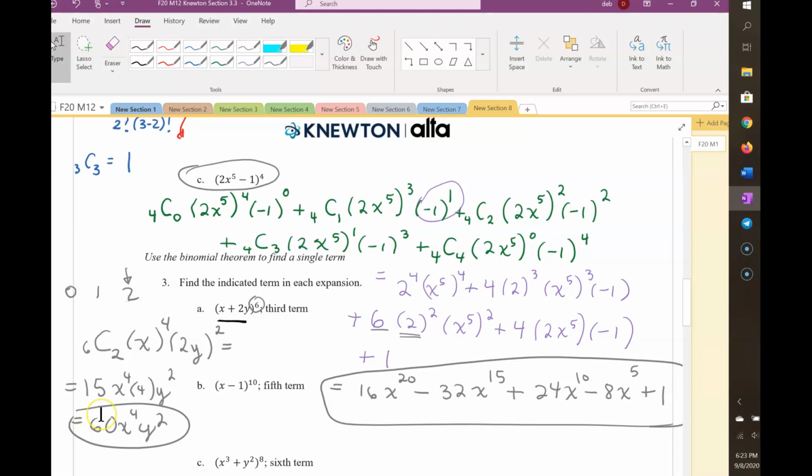Okay, so let's do B here. And we want the 5th term, and the power is 10. So it's 10 choose, and then the 5th term is 0, 1, 2, 3, 4. Choose 4. So you have to remember to start counting with 0.